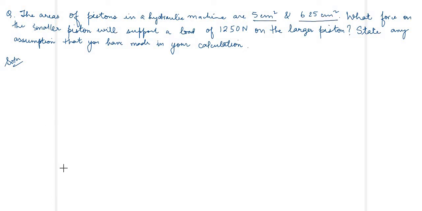The areas of the pistons are 5 centimeter square and 625 centimeter square. Obviously ये छोटा वाला piston का एरिया है because 5 is smaller than 625. तो A1, which is the area of the smaller piston, is 5 centimeter square. A2 refers to the area of the bigger piston, which is 625 centimeter square.